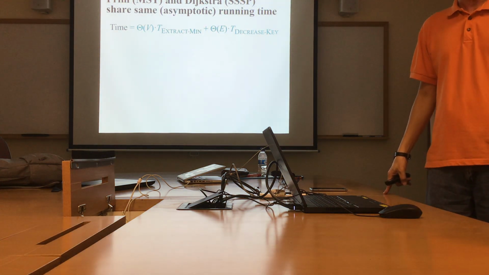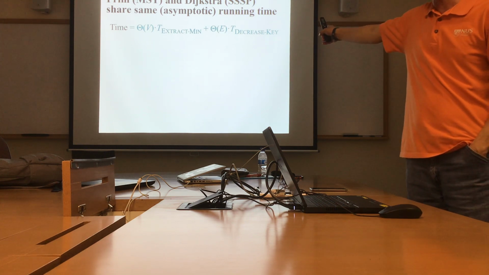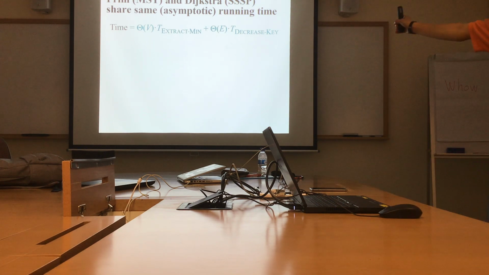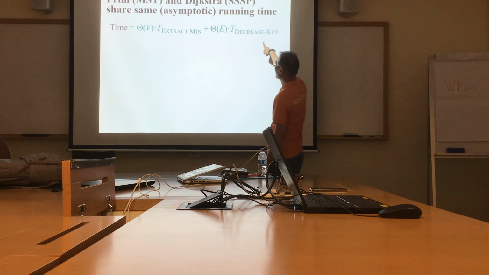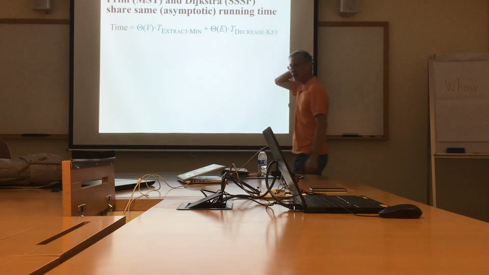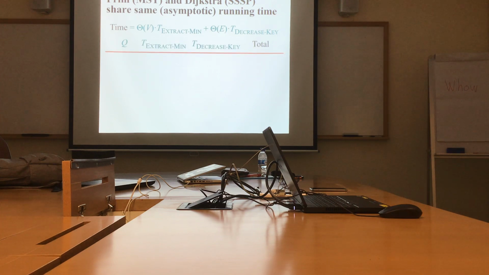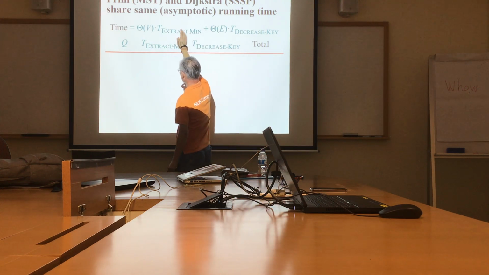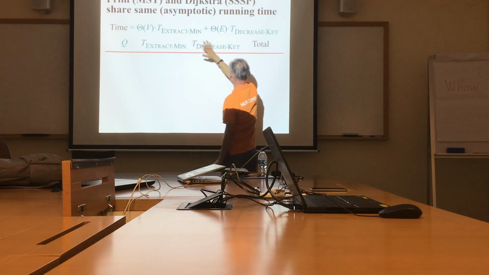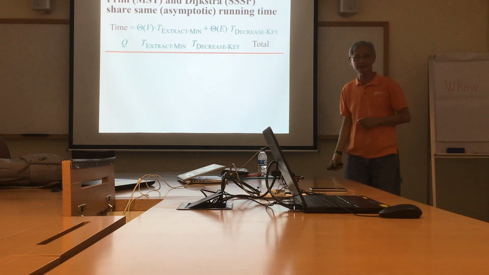If you really look at Dijkstra's algorithm, in his original paper he only talked about it being n squared, because it can be done in n squared. But of course, we then look at the same algorithm and say that with some data structure, we can make it more efficient. His algorithm uses extract minimum, choosing the shortest edge of some kind, sometimes the shortest label, and the other one is decrease key.